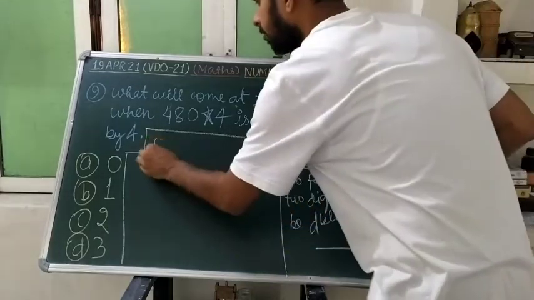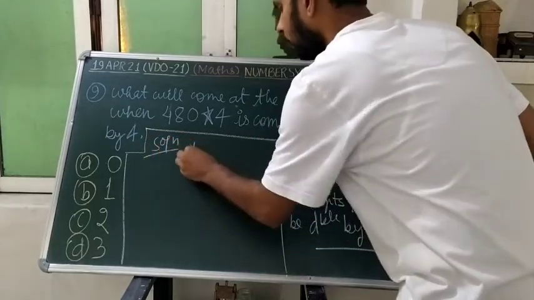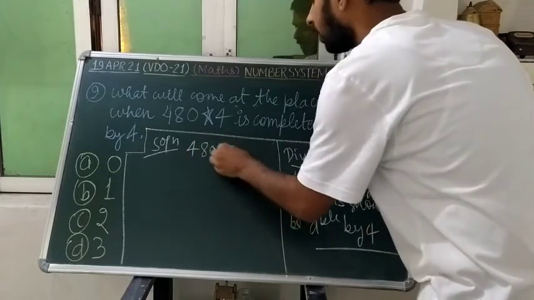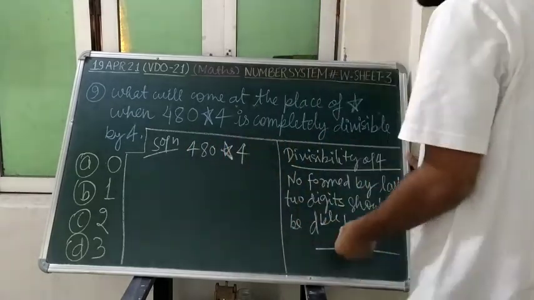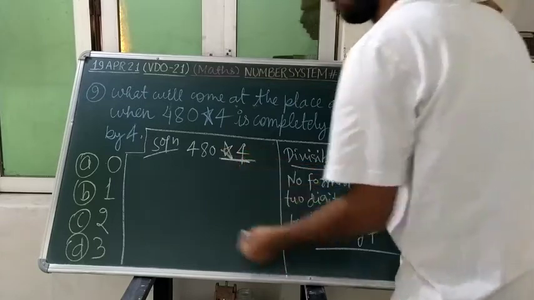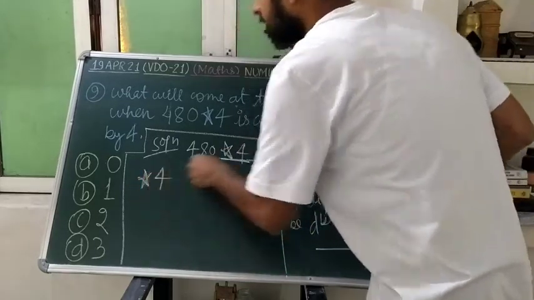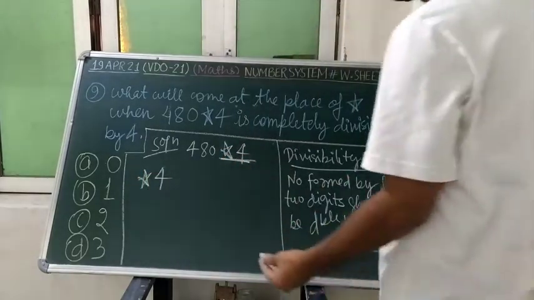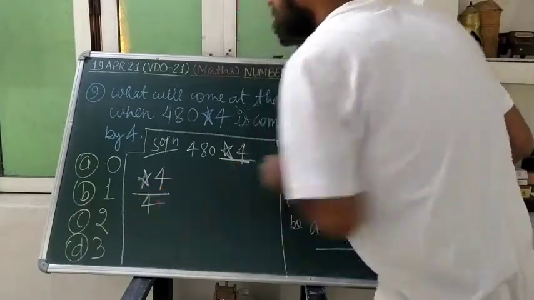So our number is 480 star 4. The number formed by the last 2 digits will become star 4 here, and that should be divisible by 4.